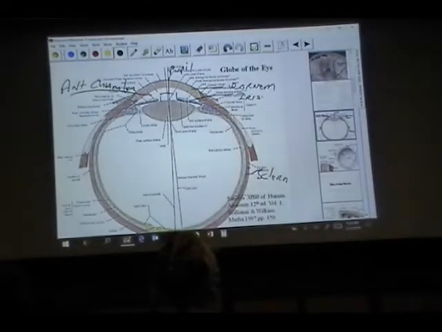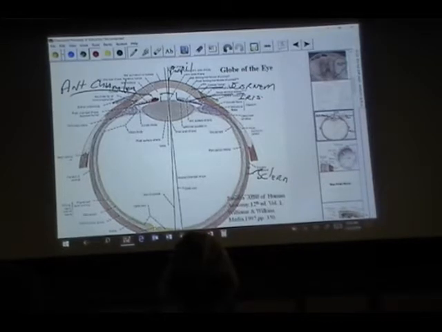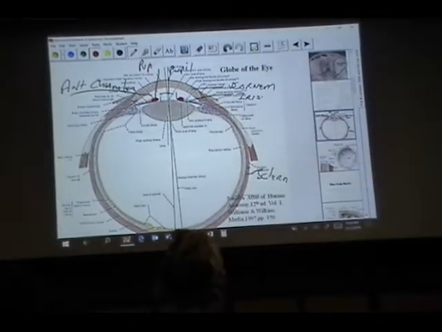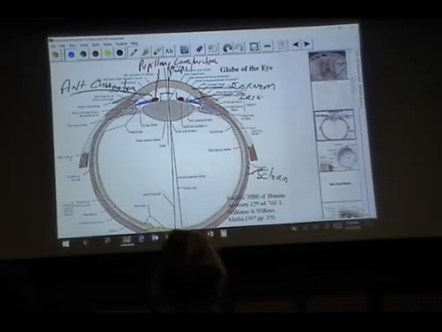Now, within the confines of the iris, in the center of the iris, there are going to be muscles that are primarily constrictors. So these are the pupillary constrictors. And outside here, we're going to have muscles that are kind of like spokes on a wheel, and these are the dilators.